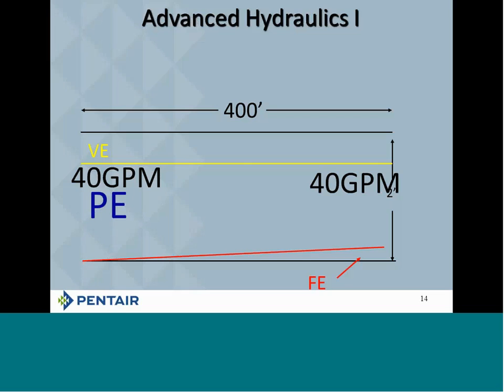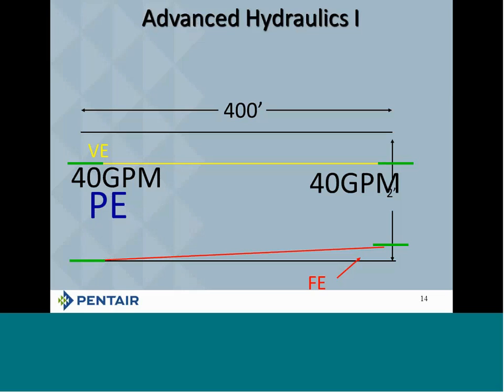And I want you to note something very, very important. I'm going to put a little green line on one end, and then go right straight up and put another green line there. And of course, that's the amount of pressure energy going into the pipe. Now, if you go over to the right side of the picture, and we put those two green lines in, you will notice that there's not as much pressure energy coming out.